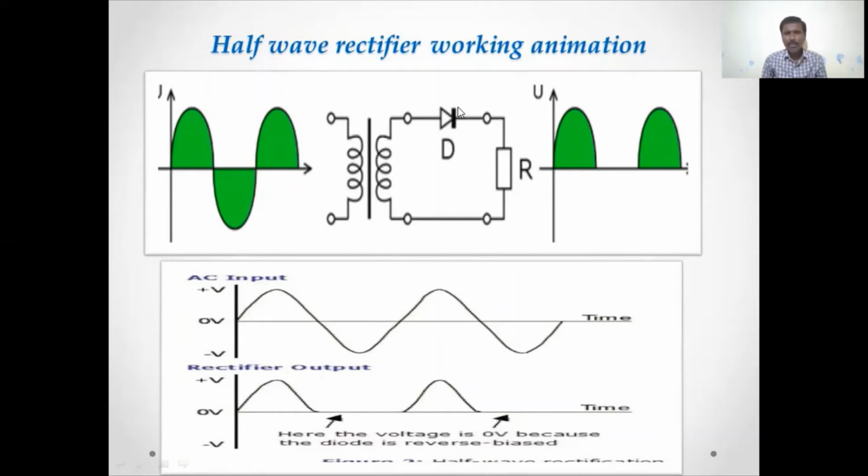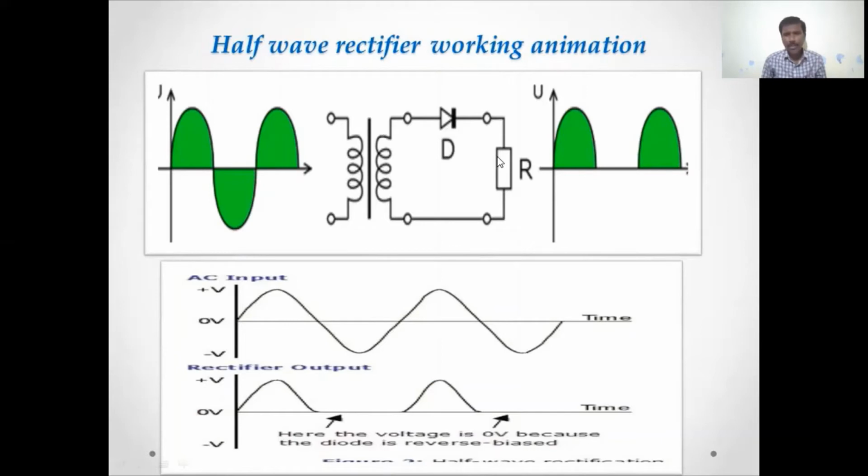What happens? This diode becomes reverse biased. Then the depletion layer increases and negligible current flows through this diode. So it is not collected by this load resistor.